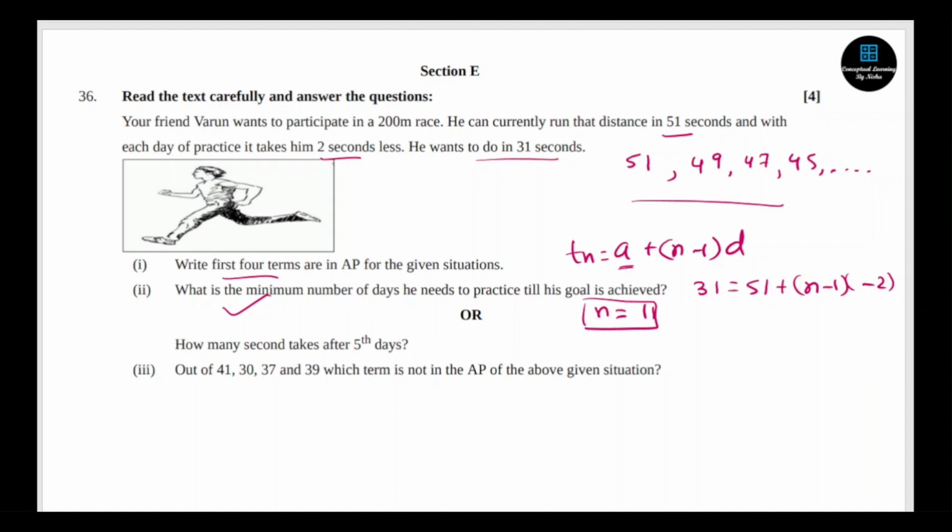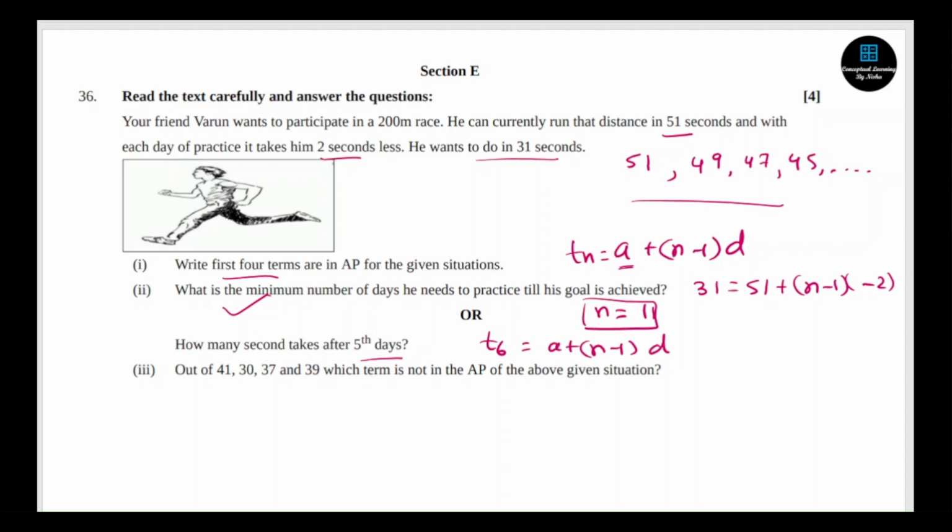Now, how many seconds does it take after 5 days? You have to write this: T6, after 5 days. T6 equals a plus (n minus 1) into d.